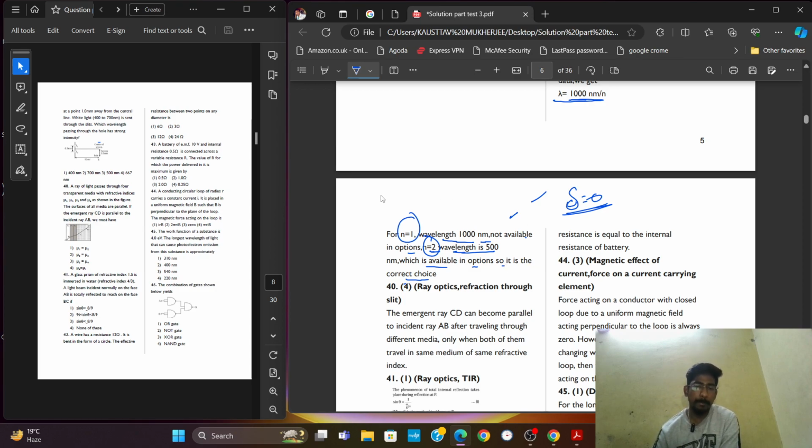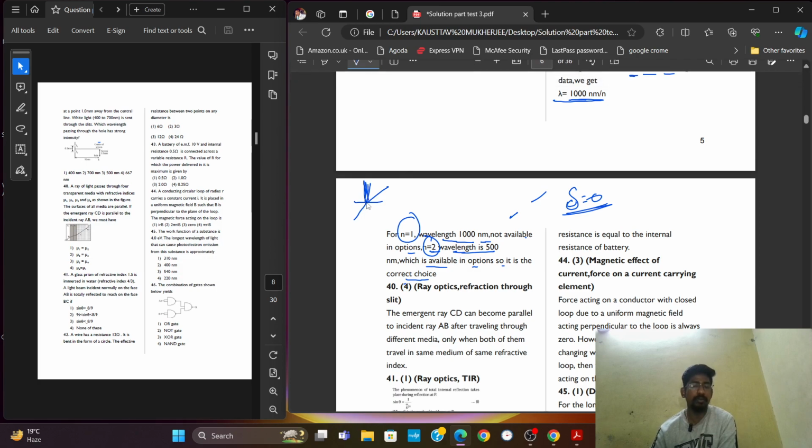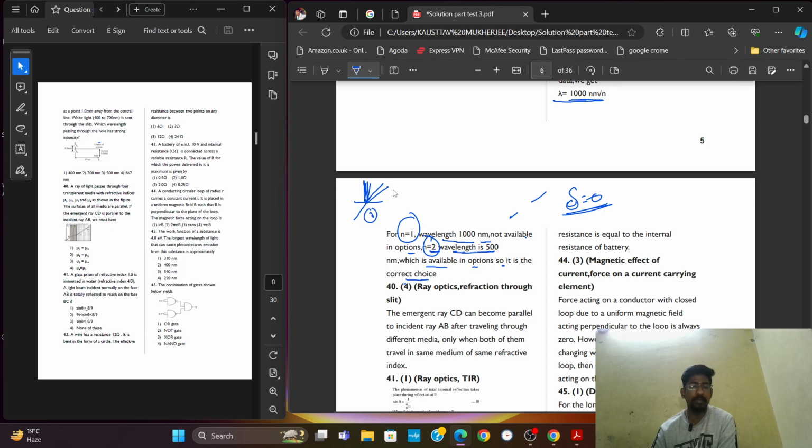Okay. Now, as we all know, in refraction, if a ray passes from one medium to another medium, it tends to go towards the normal or away from the normal. It depends on the media, on the density of the media, whether it is rarer or denser, right? But if no deviation occurs, that means the first medium and the second medium, which the light is traveling through, are the same medium, right?